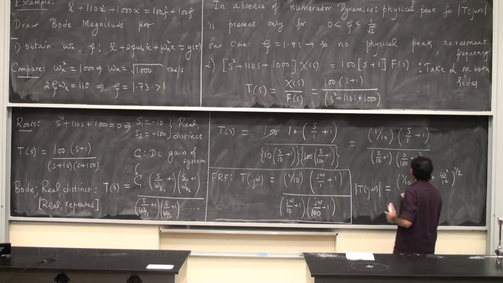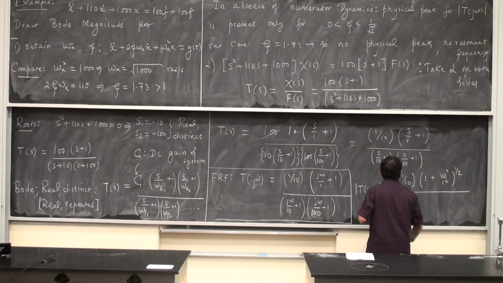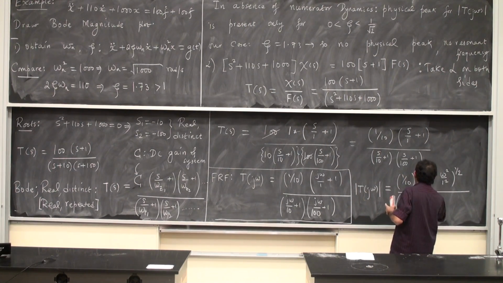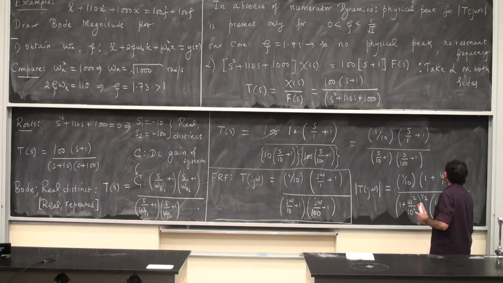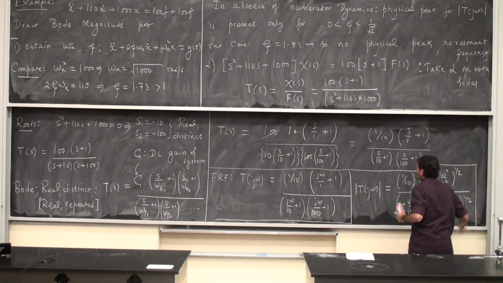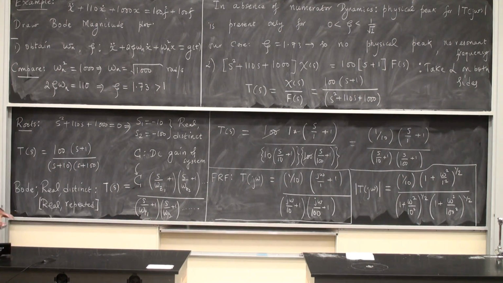And then divided by the rest of this garbage, 1 square, omega square by 10 square, square root, right? So that's the magnitude of the frequency response function. I'm going to write it once again because I'm going to draw the Bode plots of this.